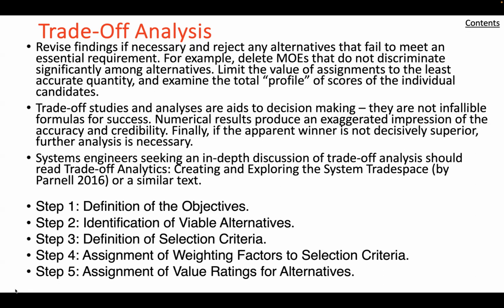Next, we have the assignment of weighting factors to selection criteria. In a given set of criteria, not all of them are equally important in determining the overall value of an alternative. Such differences in importance are taken into account by assigning each criterion a weighting factor that magnifies the contribution of the most critical criteria, that is, those to which the total value is the most sensitive, in comparison with the less critical.